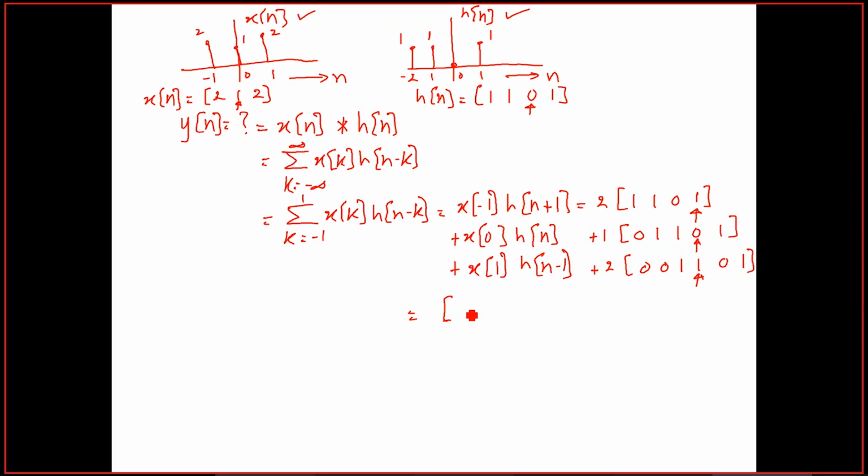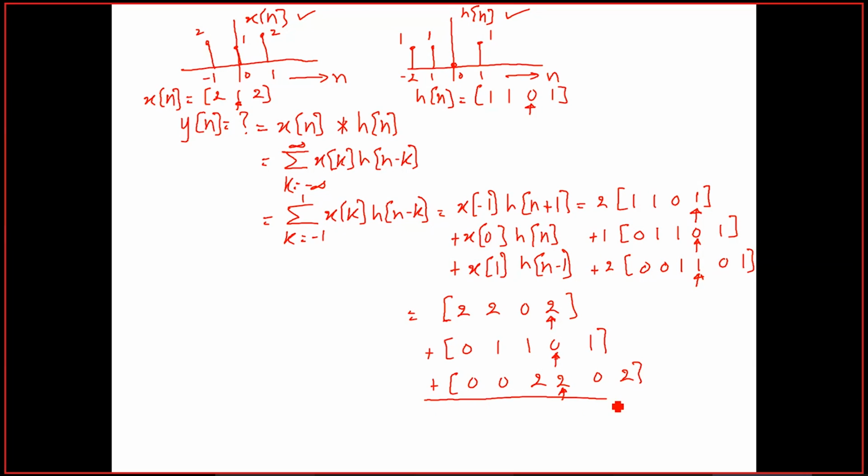So we just rewrite them, taking 2 inside, it will become 2 2 0 and 2 with the arrowhead right here. The second one will become 0 1 1 0 1, arrowhead right here, and the third one will become 0 0 2 2 0 2 with the arrowhead right here.